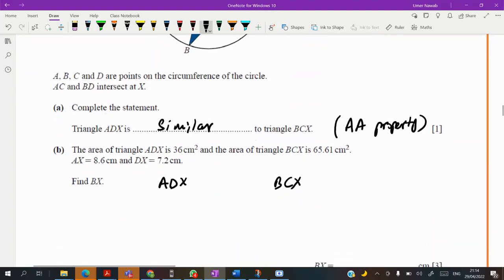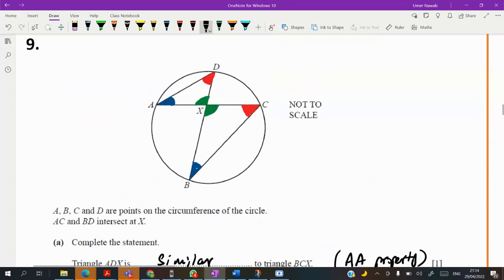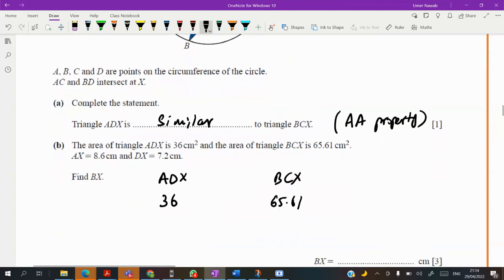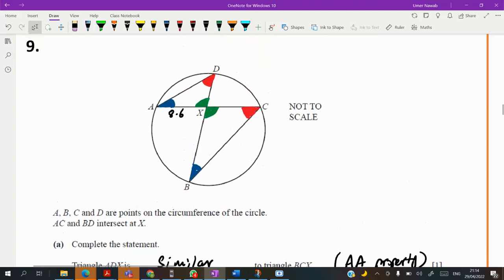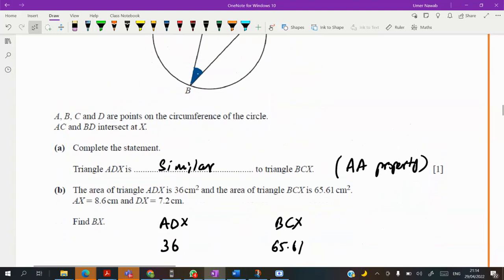The ADX triangle area is given to you as 36, and the BCX is 65.61, and he said AX is 8.6 and DX is 7.2. I want which side? I want BX.